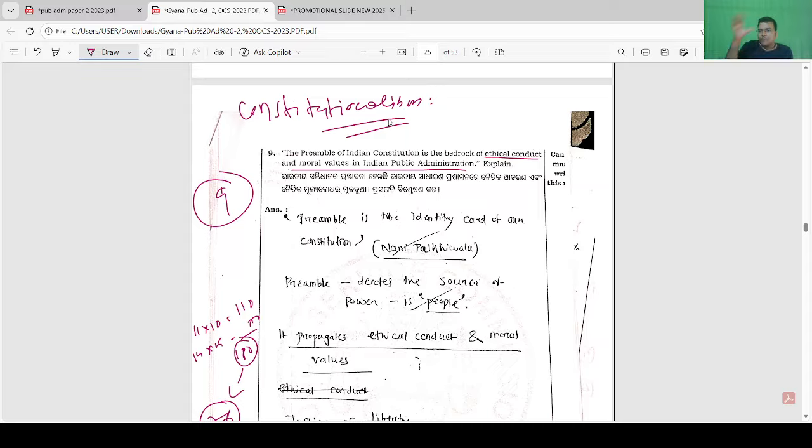Constitutionalism means when the country is governed on the basis of the constitution, we can call it constitutionalism, and Indian administration functions on the basis of the constitution. Because Indian administration is the instrument in the hand of the political executive, it has to follow the ideals of the preamble, as the preamble is the identity card and soul of the constitution.